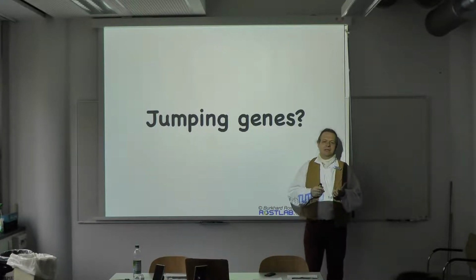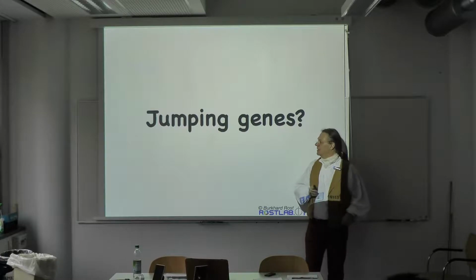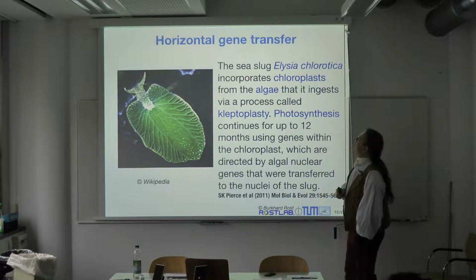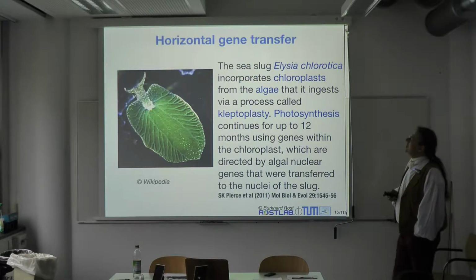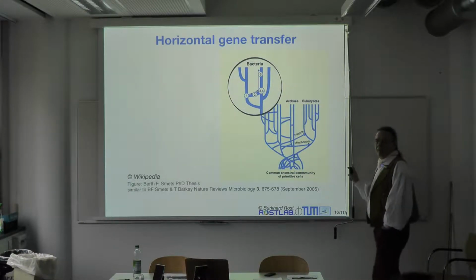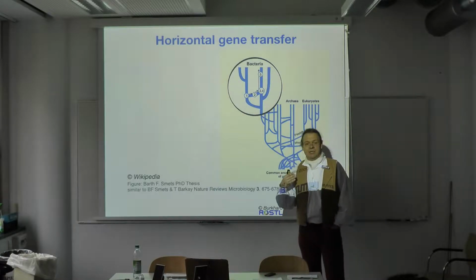So McClintock discovered that really for corn, and there really is a jumping gene, and in fact the jumping gene here is another example for the sea slug. The jumping gene is something that happens all the time in the world of bacteria, but also for us.